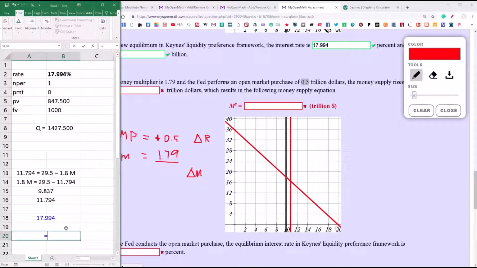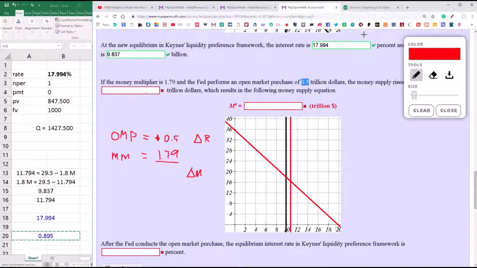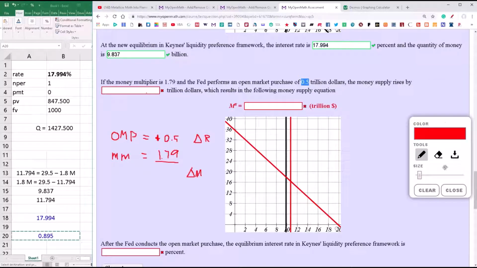So the open market purchase was 0.5, and the multiplier is 1.79. When we multiply them together, we get 0.895. So the money supply, we'll go ahead and label it all the way. The money supply increases or rises by this amount right here, $0.895 trillion.